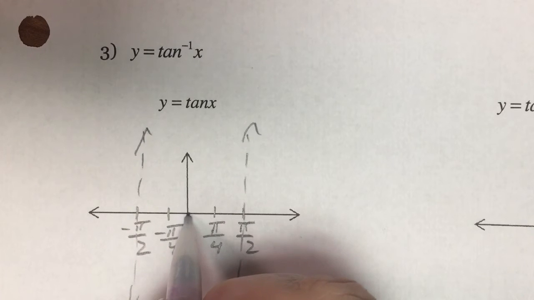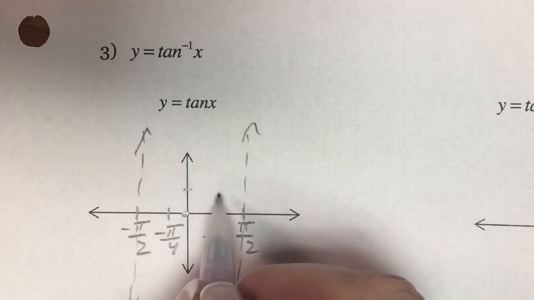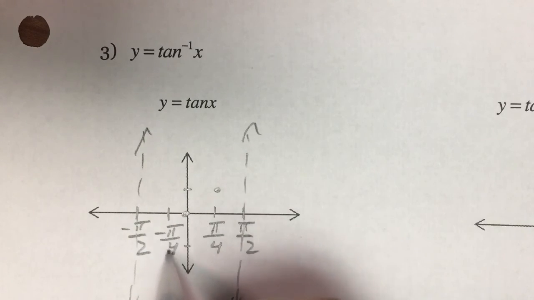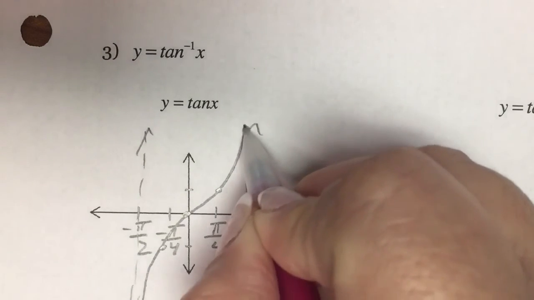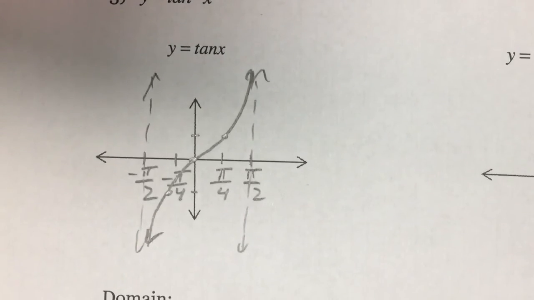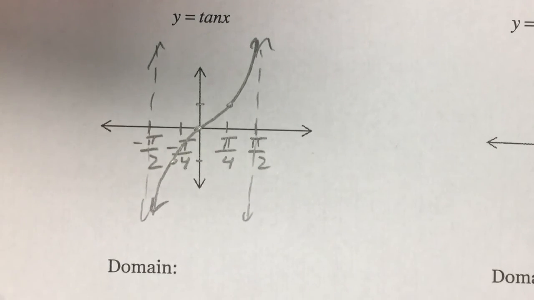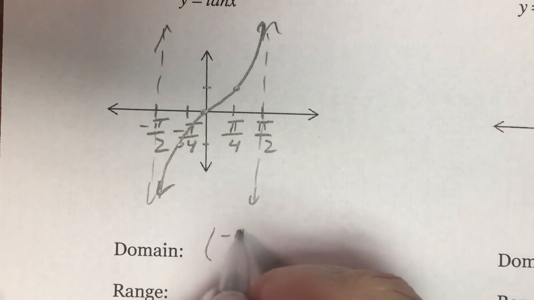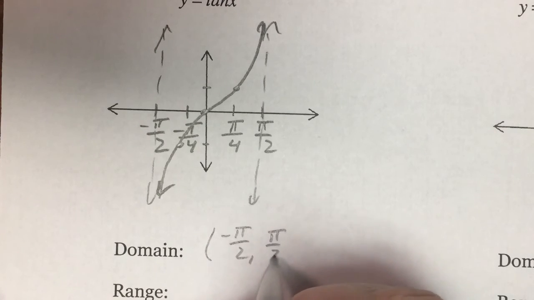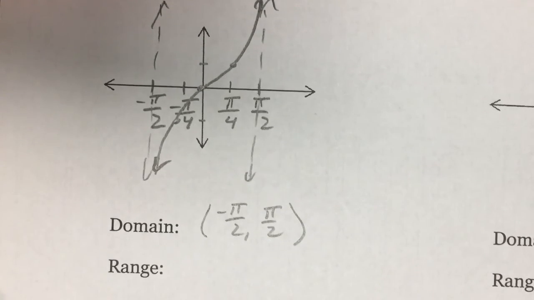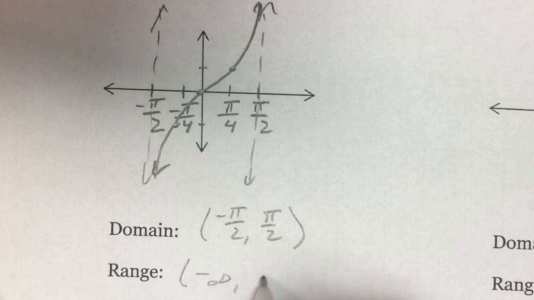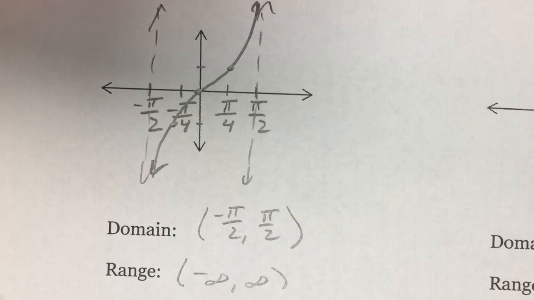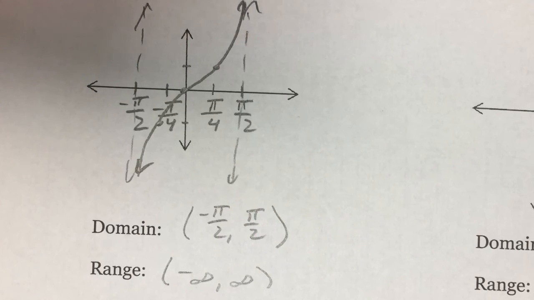And of course the tangent of 0 is 0, the tangent of pi fourths is 1, and the tangent of negative pi fourths is negative 1. So basically, that restricted domain gives us that one branch of tangent. So the restricted domain goes from negative pi halves to positive pi halves, and it doesn't include the asymptotes. What's the range? It's going to be all real numbers, because remember, tangent does not have an amplitude.